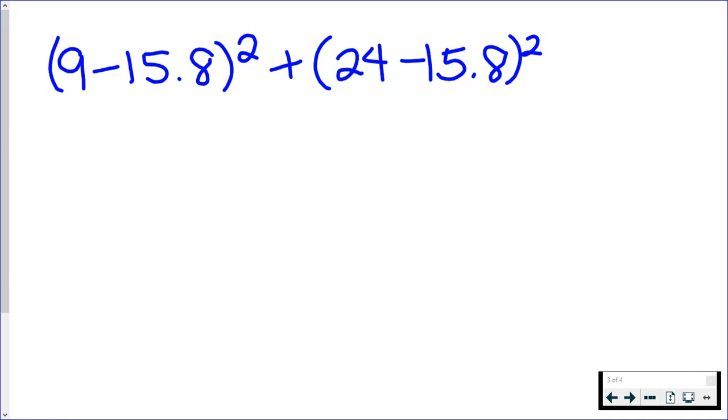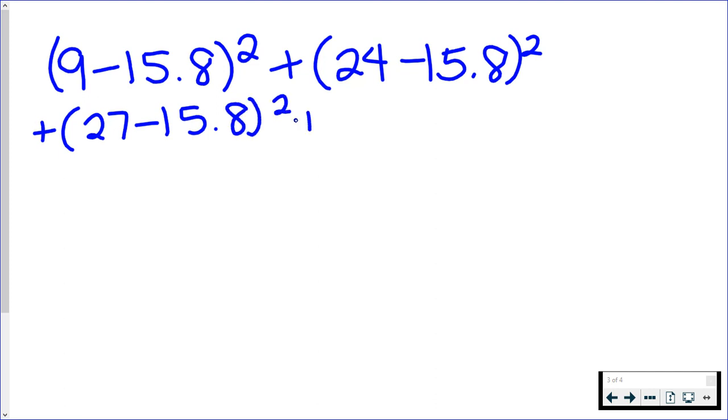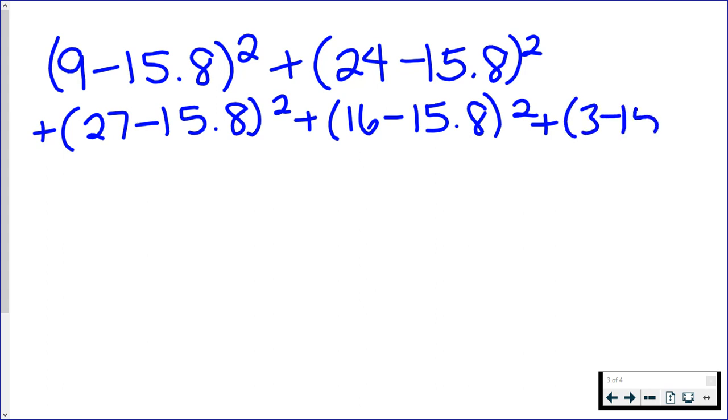I have to do this with all 5 numbers in the chart. So these are our 5 numbers, 9, 24, 27, 16, and 3. I'm going to subtract 15.8 from each of them. Then I'm going to square all of those values, and then I'm going to add them all together.